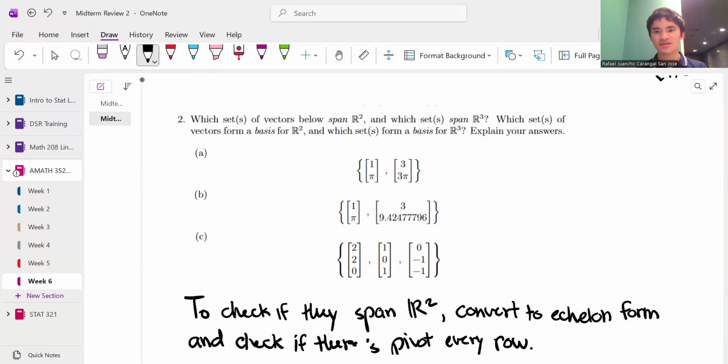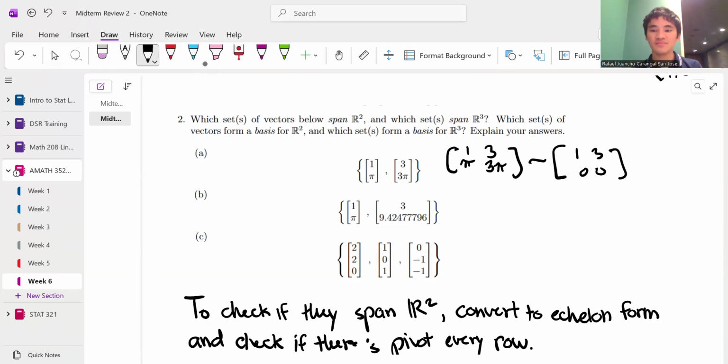The way we check if they span something, we put it in a matrix, right? If we put this in a matrix like this and convert it to echelon form, we would get something like 1, 3, 0, 0. And here we see that there is no pivot in every row, and there is no pivot in every column.